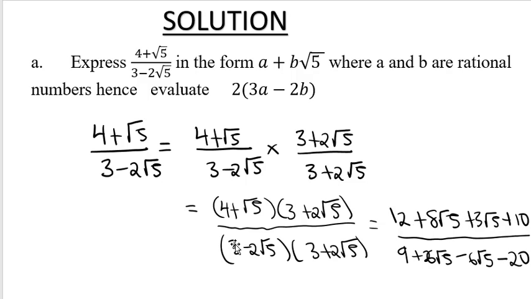So we are going to have 22 plus 11 root 5 all over the denominator. That was 9 minus 20, and that gives us minus 11.